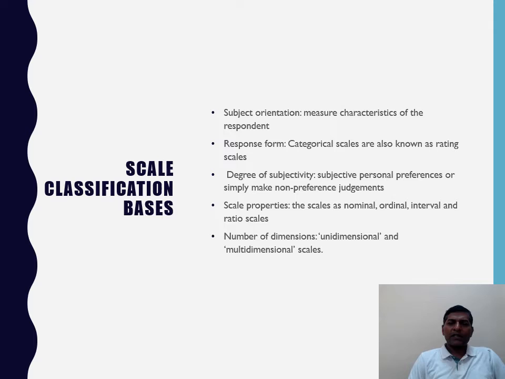As in the previous slide, the respondent should be in a position to explain or provide you good information. He should be able to understand the subject first, and only then can he explain or provide the required information. So the characteristics of the respondent are important.